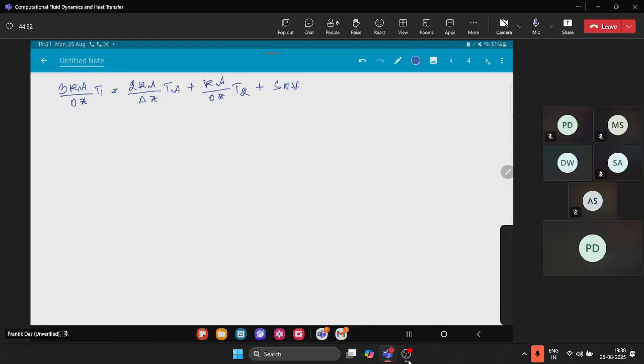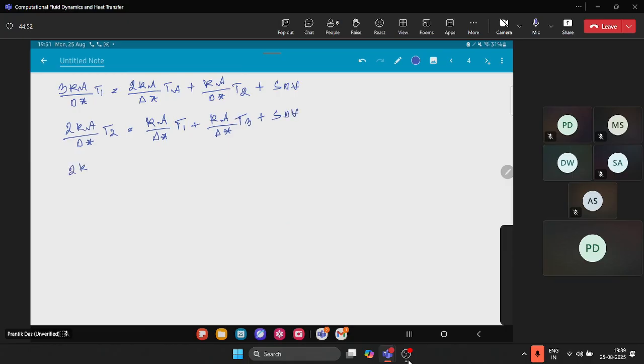And then the second equation is 2k by delta x T2 equals k by delta x T1 plus k by delta x T3 plus s delta v.